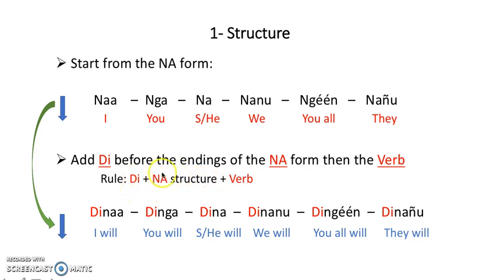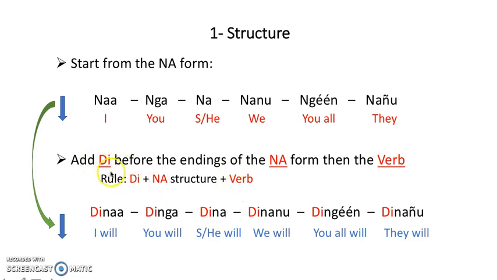Di plus the na structure in function with the subject you have, whether I, you, she, he, we, you all, and they, and then you add the verb itself. We will see with the examples we have how you do that.